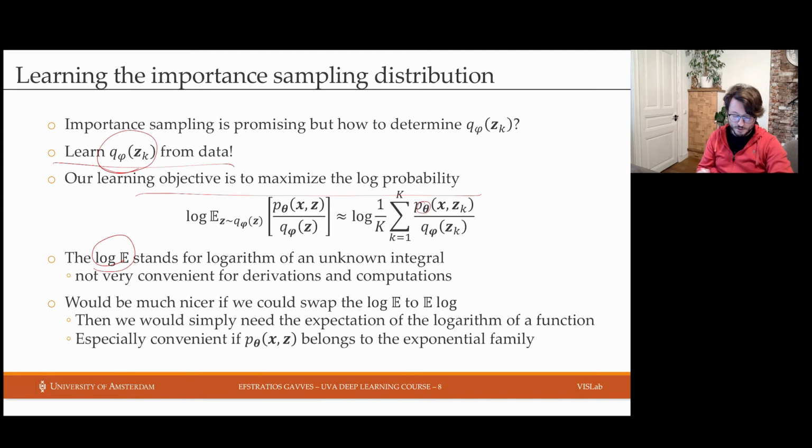It would be much nicer if we could swap the logarithm with the expectation, such that instead of the logarithm of the expectation, we have the expectation of the logarithm. And that would be very nice, because, for instance, if our joint likelihood belonged to the exponential family, the logarithm and the exponential would cancel each other out and we would have much nicer, much faster and perhaps more efficient computations.